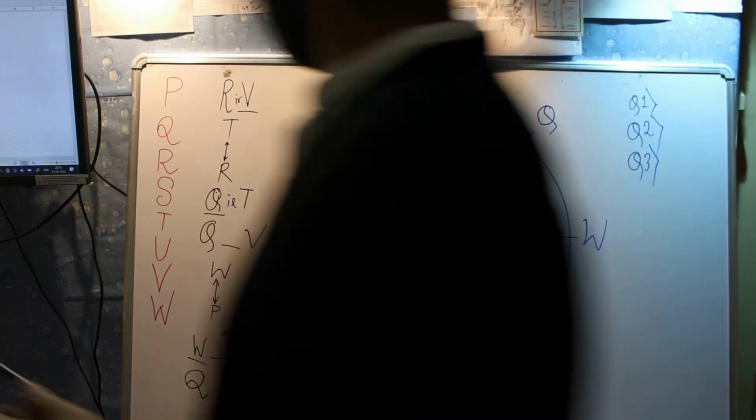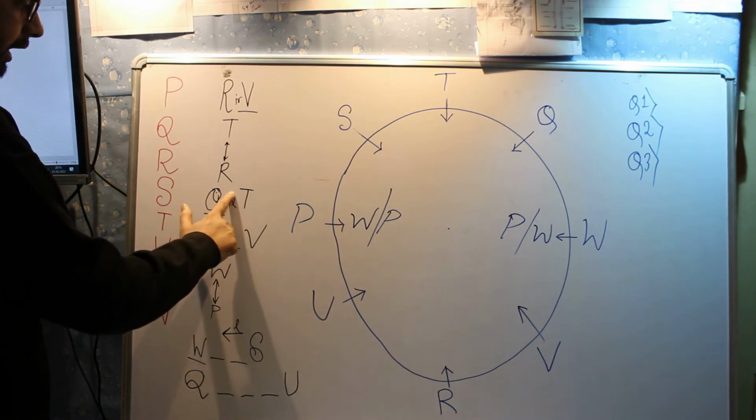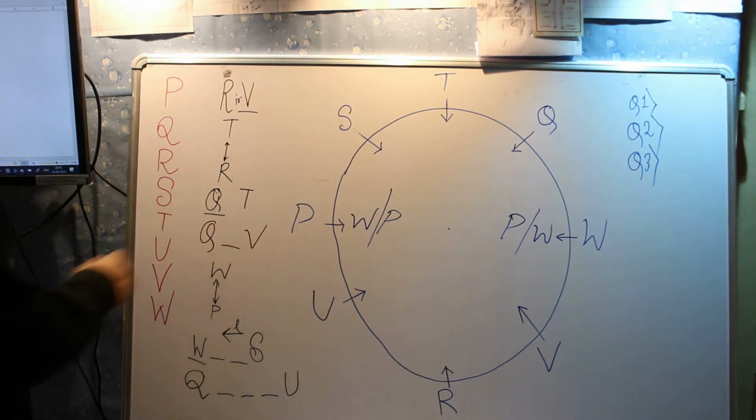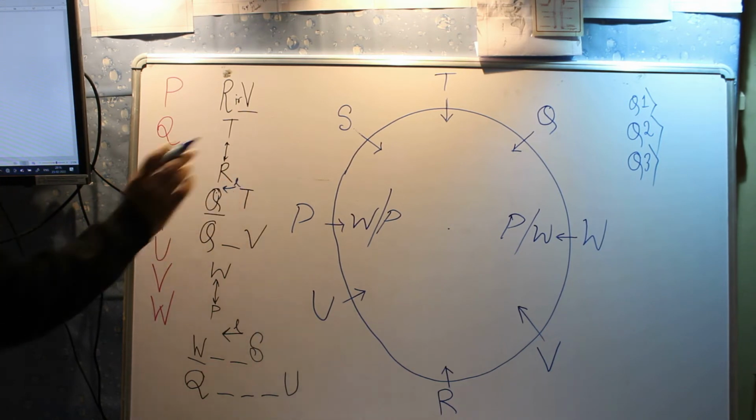Suppose, for example, here it is given Q is to the immediate left of T. Suppose immediate left is omitted and it is stated that Q is to the left of T.